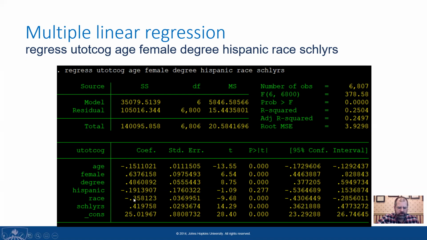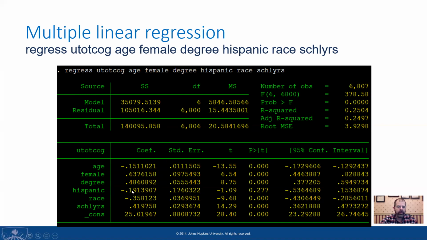I will not interpret all of these other coefficients. I will note that in terms of statistical significance, all but one of these predictors are statistically significantly associated with cognitive score. An exception is Hispanic ethnicity.